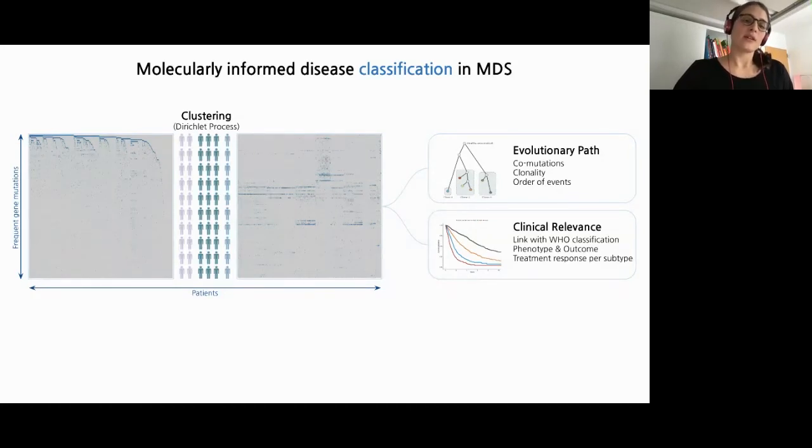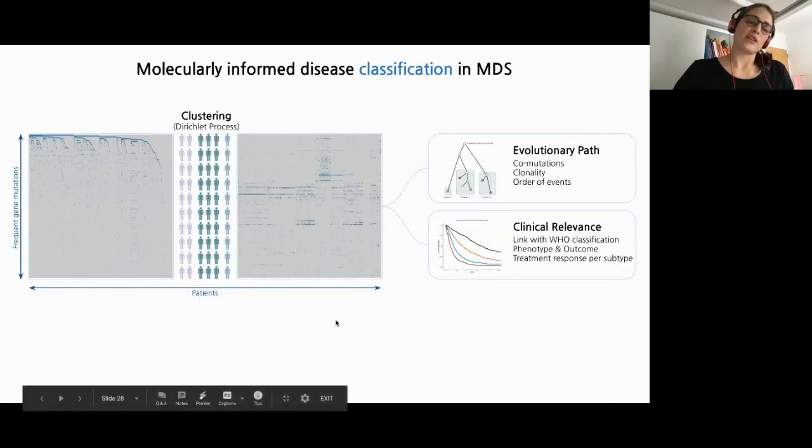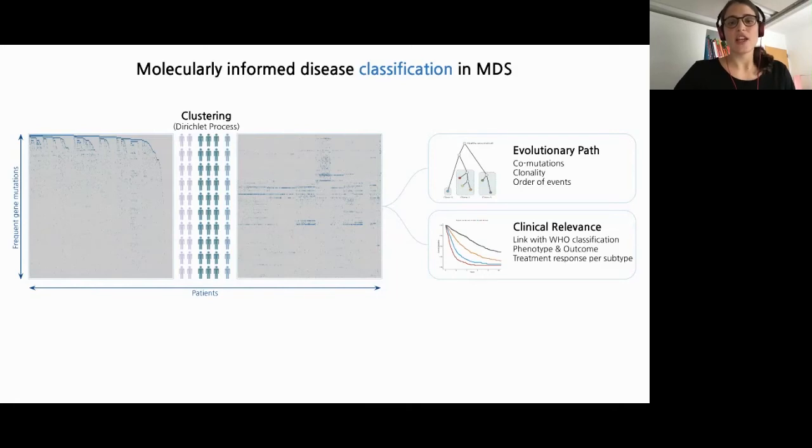So we're mostly using Dirichlet process clustering algorithms that are flexible in terms of the number of clusters to identify robust molecular subgroups that incorporate the co-mutation patterns and the mutual exclusivity across the different gene mutations in MDS patients.